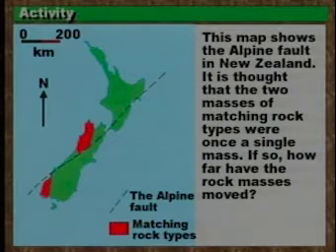Your task is to calculate by how far the rocks have moved. You have a scale given on that particular map, and you're going to use the scale to do your calculation. The scale is given in linear form.